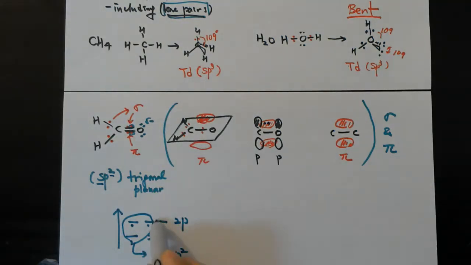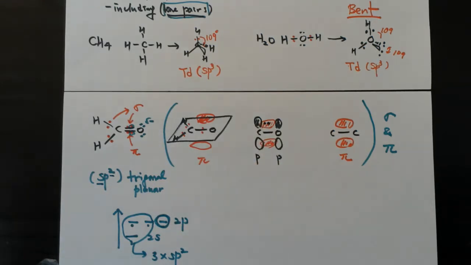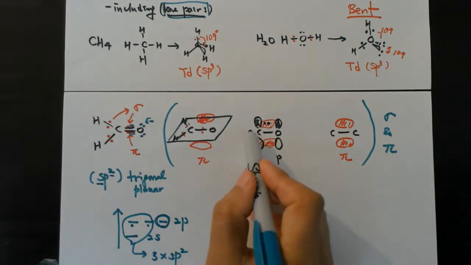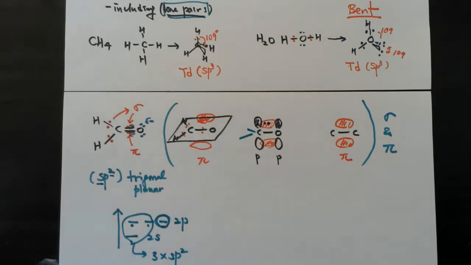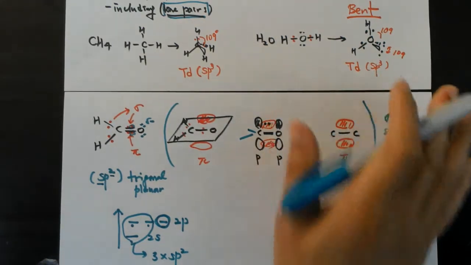You see there is 1 p left, that's the p orbital right here for the carbon. So you have sp2 hybridized orbitals here, 1, 2, 3, but the p orbital is left with 1 electron.